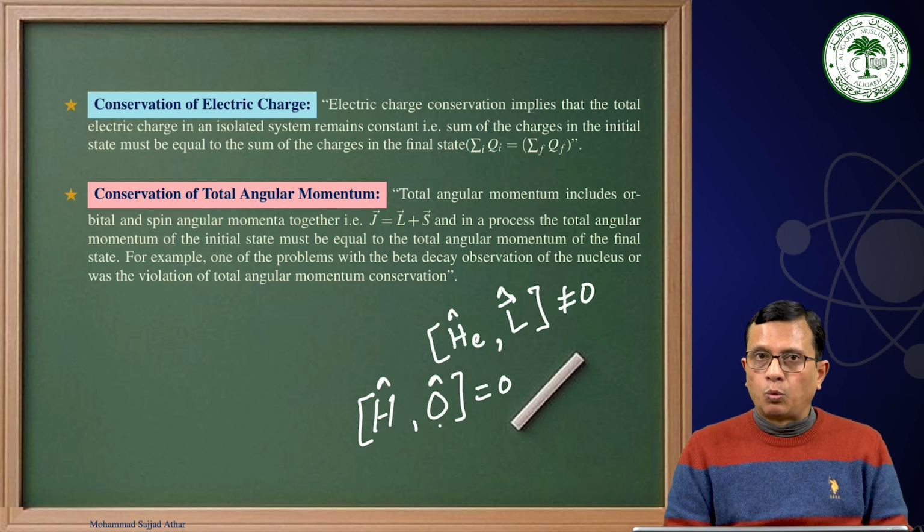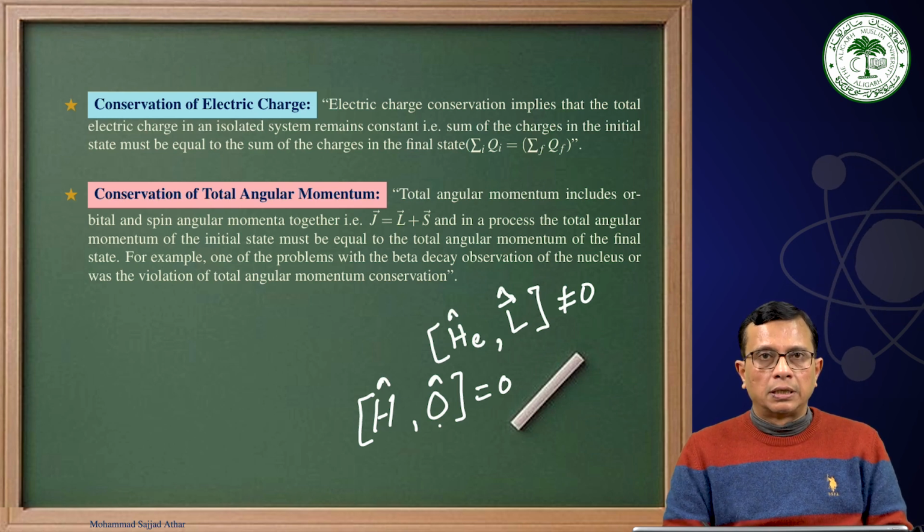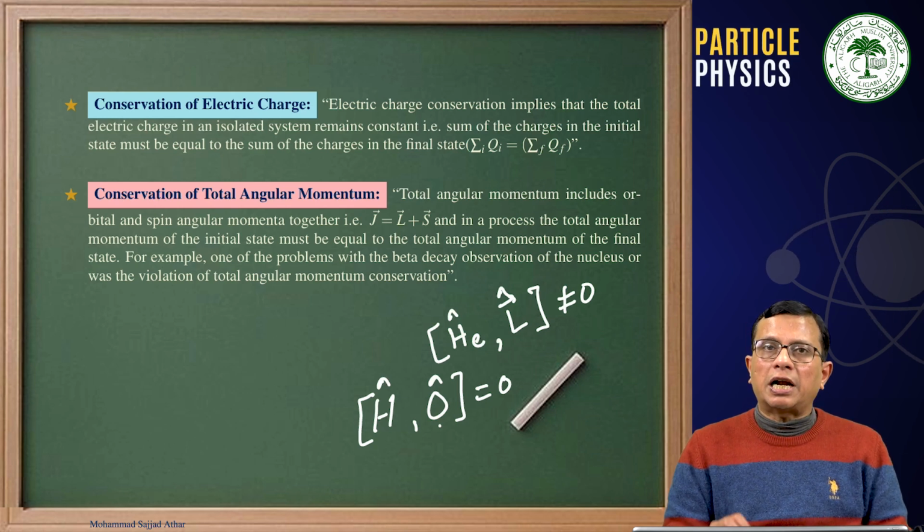Let me repeat it. A quantum number associated with the operator will be a conserved quantum number. That means conserved means that it will be experimentally observed. That will be a reality that one will see in the experiments.